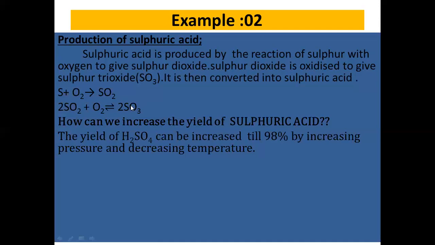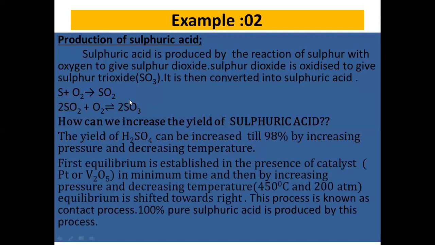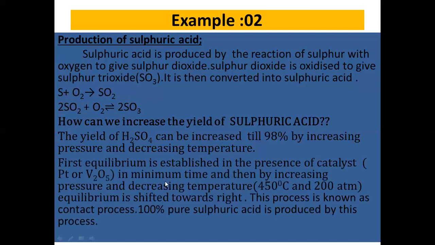And secondly, the reaction is exothermic in the forward direction, and an exothermic reaction is favored only at low temperature. So that's why we will decrease the temperature and increase the pressure. Then the reaction will move in the forward direction and we can get more product. First, equilibrium is established in the presence of a catalyst. Again, very important: which catalyst is used in the contact process?